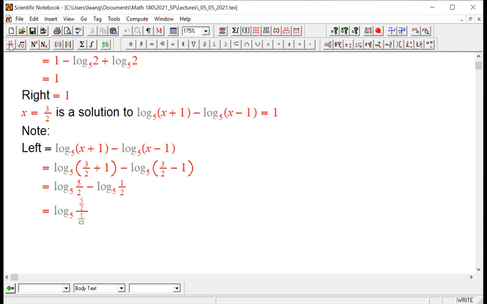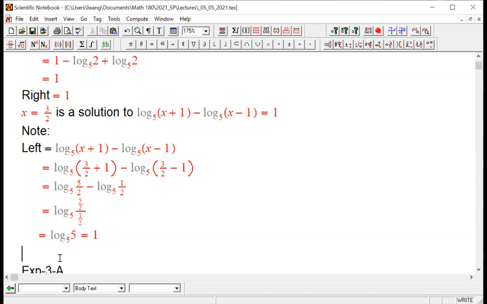But if you're proficient with it, that's not a problem. And actually you should be proficient with it, but at least you have 2 ways to check if you get the right answer, right? So log base 5 of 5 over 2, 1/2, and the 2 and 2 reduce, you have a 5, so that equals 1 as well. So you can do it that way too, certainly. We're not limited to just one way to do it.